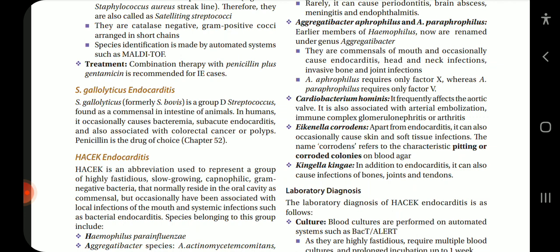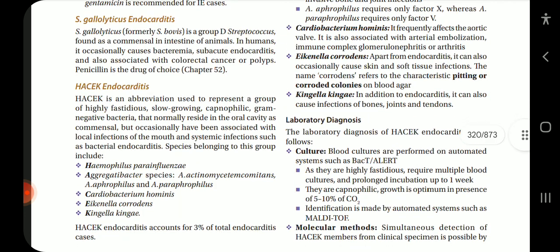HACEK endocarditis. HACEK is an abbreviation used to represent a group of highly fastidious, slow-growing, capnophilic gram-negative bacteria that normally reside in the oral cavity as commensals, but occasionally have been associated with local infections of the mouth and systemic infections such as bacterial endocarditis.